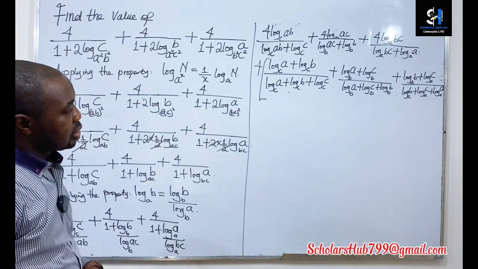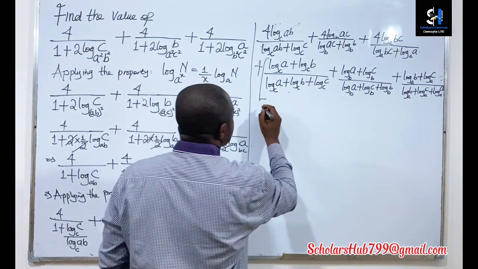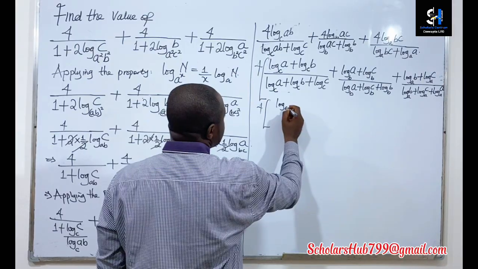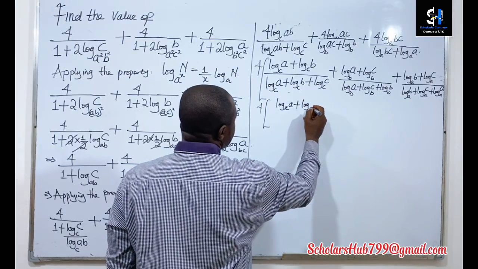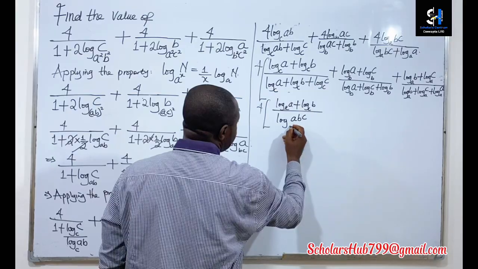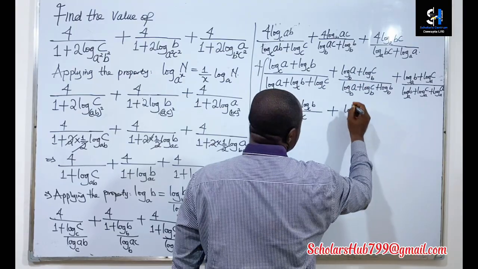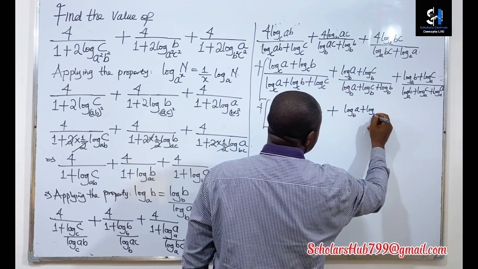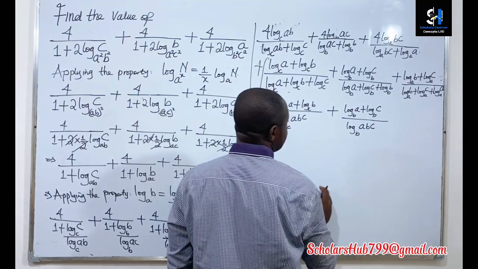So we can say this will be 4 open bracket, logarithm to base C of A plus logarithm to base C of B, all over the logarithm of the product ABC to base C. Then plus logarithm to base B of A plus logarithm to base B of C divided by logarithm to base B of ABC.